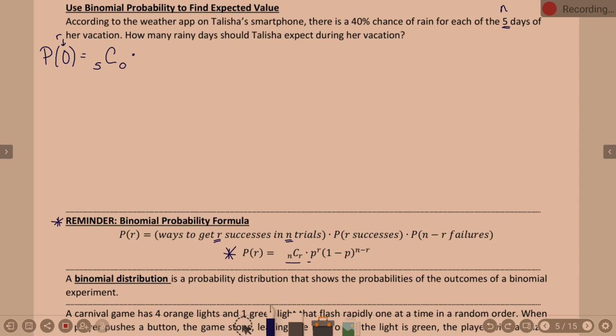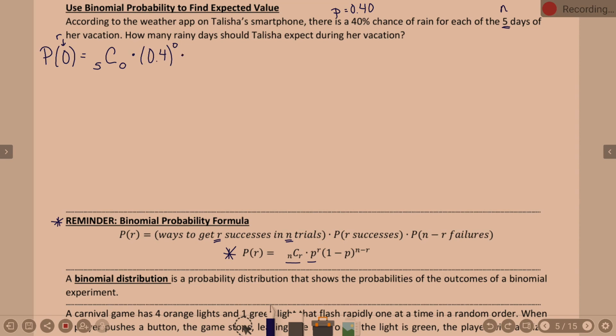P raised to the R. What's our P? It's probability. What's our probability? There's a 40% chance. What form of that are we going to use? 0.40, or in other words, 0.4. And so we're going to use 0.4 raised to the R. What is R here? And that is 0 in this one.